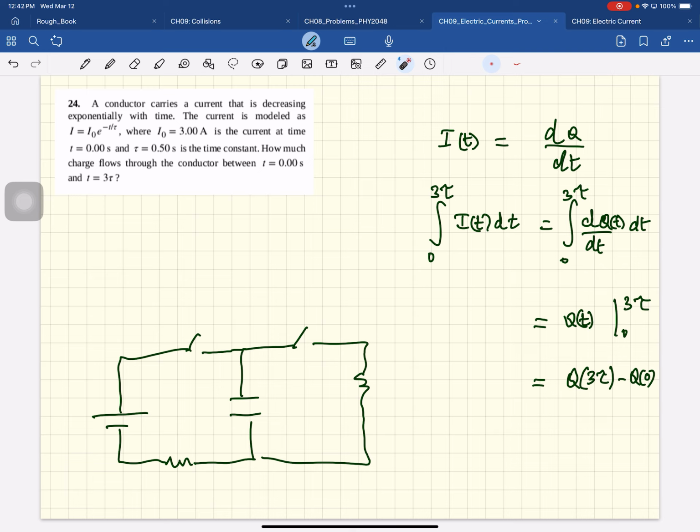Okay, so if you're closing the switch at 0, this will be 0. So, all right. So anyway, the charge that flows through in 3 tau time. Okay, and the left-hand side is the integral of I naught e to the power minus t over tau.